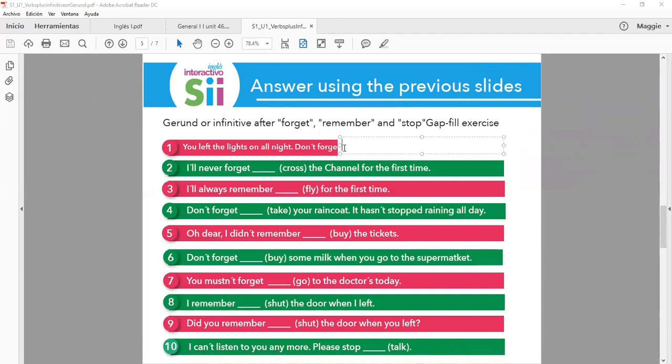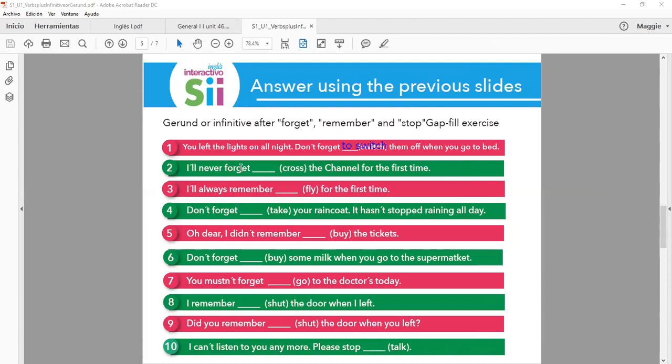All right, pretty good. Here we have to use to switch them off, because we are referring to something that we have to remember. We don't have to forget.